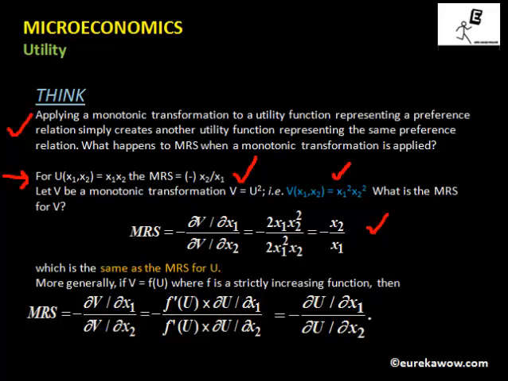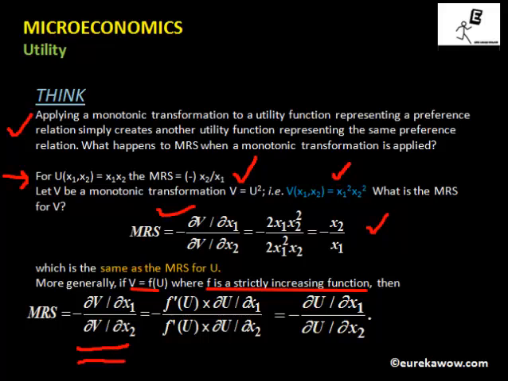However, this does not lead us to the conclusion that this will always happen. This has happened for a particular example. So for this to always happen, we will take a general case and we will prove it. If we take a general case where v is equal to f of u is a monotonic transformation, f is a strictly increasing function, because that needs to be true for a monotonic transformation, then MRS is equal to minus del v by del x1 divided by del v by del x2, which was essentially what we wrote here.